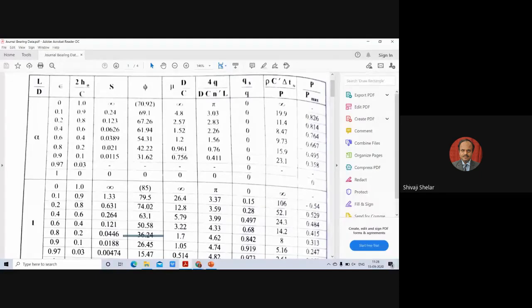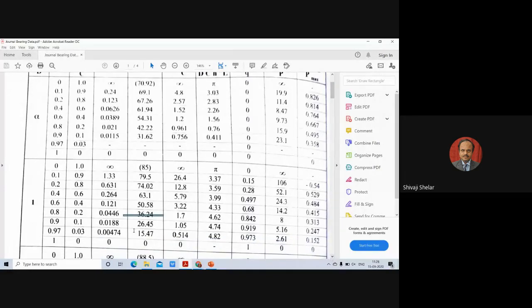Q is Q, N is the same, L is the same. So this is your Q upon RCNL, which is your flow variable. Since you are looking for L by D equal to 1 and epsilon equal to 0.6, in this column we have 4.33 as the flow variable. And for the 0.8 value, the flow variable is increasing and becoming 4.62.